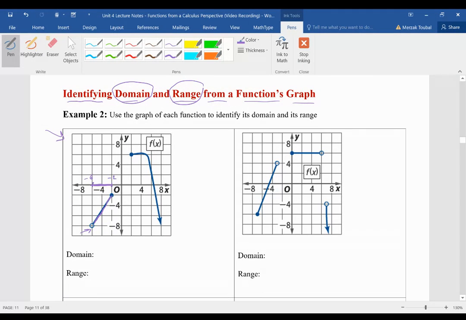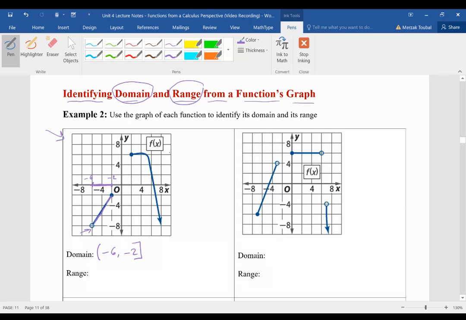Because we are excluding -6, we use a parenthesis to indicate that -6 is not included. And then we close the interval after -2 with a bracket, because -2 is included. So whenever the number is included, we use a bracket. Whenever the number is not included, we use a parenthesis.